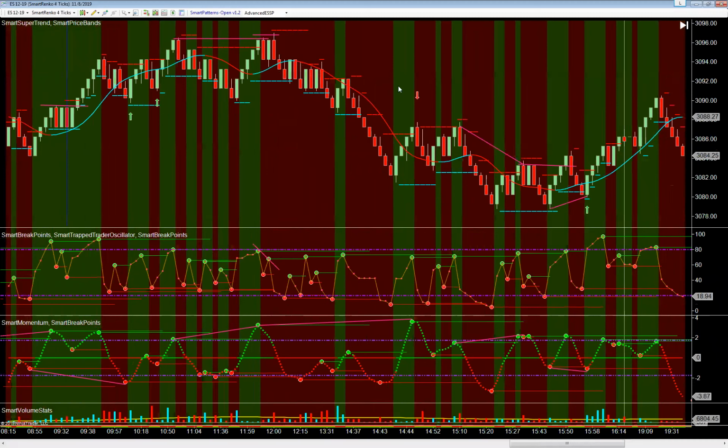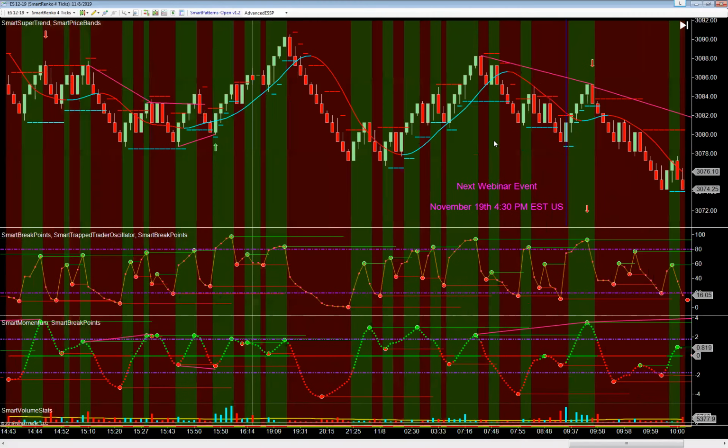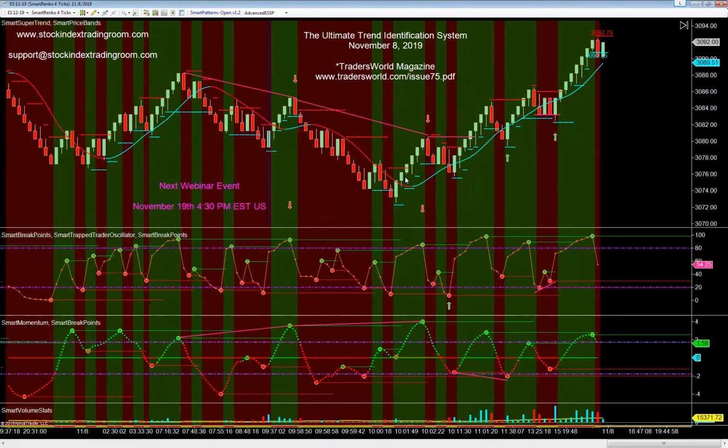So not a great day here, but we had 1, 2, 3, 4 qualifying arrows, and they all won. They all were winners. And then Friday we had 1, 2, 3, 4 qualifying arrows, and this one broke even. Went down a couple, back up.